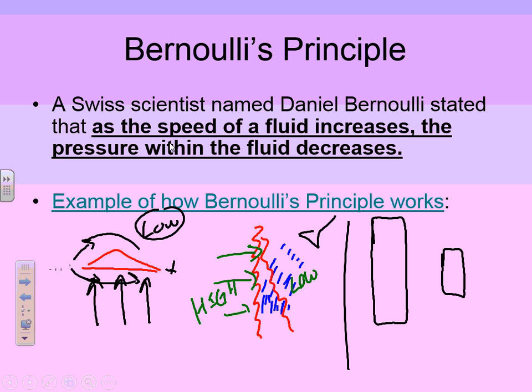Between the two vehicles there's a lot of air moving because it's a two-lane highway and you're very close together. Remember, as the speed of a fluid increases, the pressure decreases. So in between the cars there's low pressure. On the outside, there is not nearly as much movement of air, and the high pressure is going to push in on you, and it's going to feel like you're getting sucked closer to the vehicle. It's a small effect, but it's just another example of how Bernoulli's principle works.